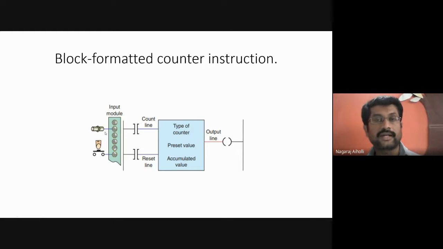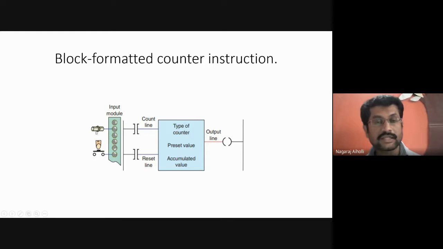A proximity switch senses nearby objects based on distance. Yes, we have studied this in module 2, various types of sensors. Once it senses the object, that object should be counted, and that is done by this counter rung or counter instruction. This counter instruction will count the number of input items.